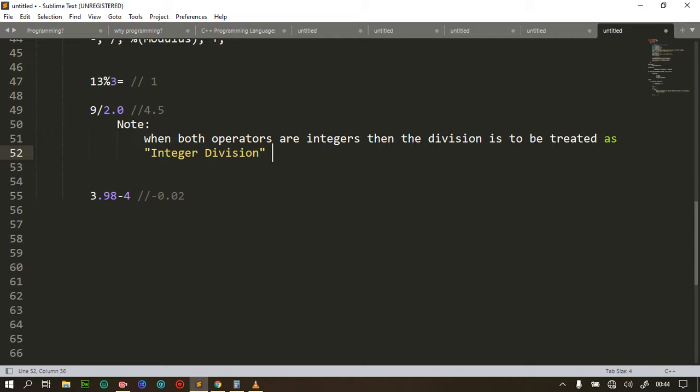Guys, we are not in math, we are in programming. So we are picking the rules. I told you there are as many rules as possible for every programming language. First is about the syntax, or the rules of the language. So when both operands are integers, the division is treated as an integer division and not a normal division.